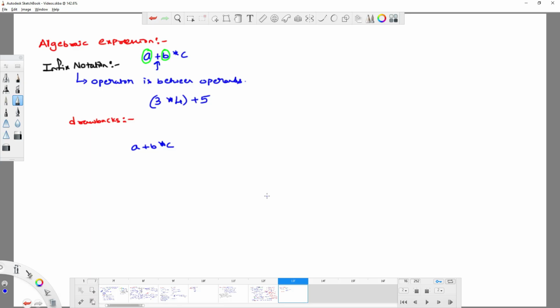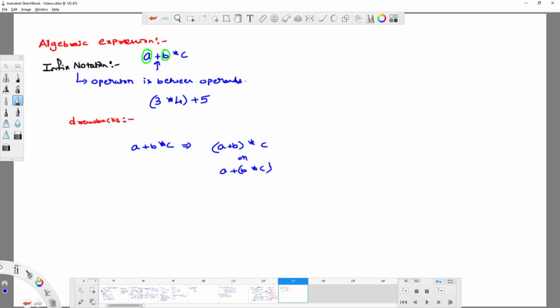How are we going to evaluate it? Do I have to consider A plus B first, or B into C first?